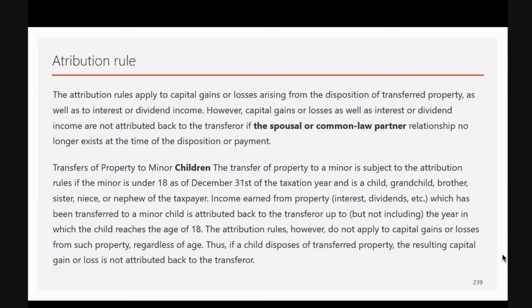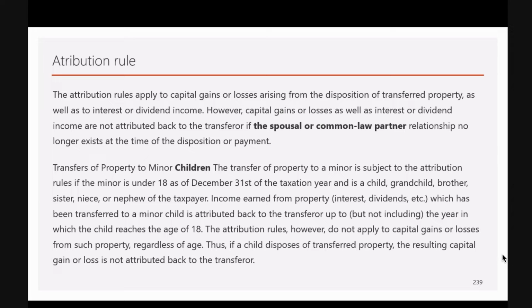That means if you already transferred to your spouse or common law partner, but when the income comes, whether capital gain, interest, or dividend, and you get that money in your account, at that time it's not your transferred fund, okay?